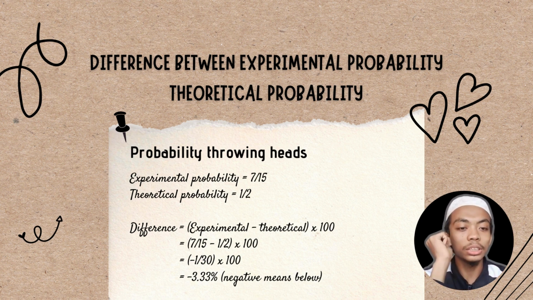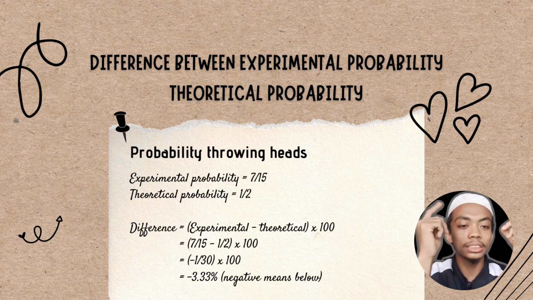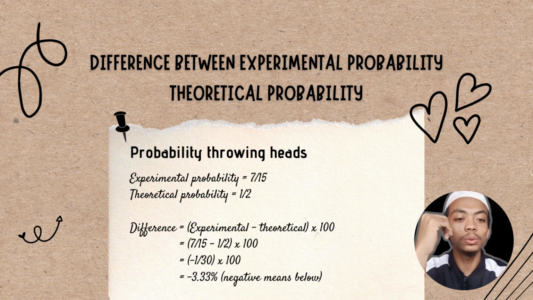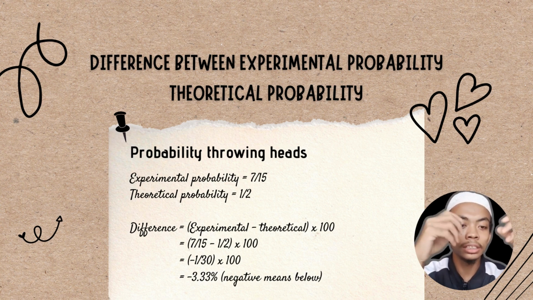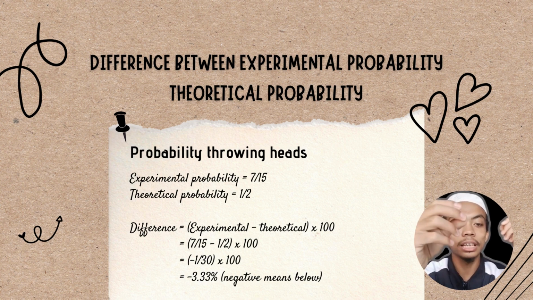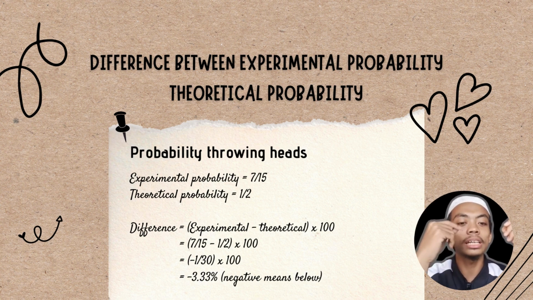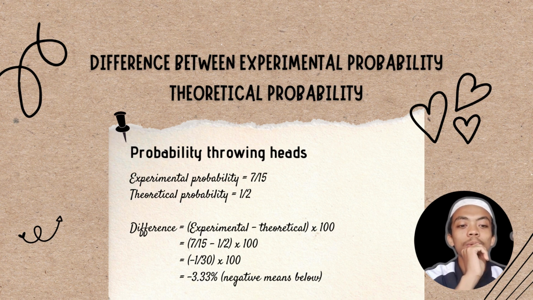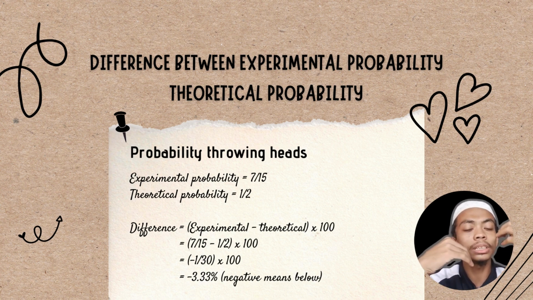So 7/15 minus 1/2 gives negative 1/30, and times 100 it becomes negative 3.33%. When the result shows a negative value, it means it is below the theoretical result.